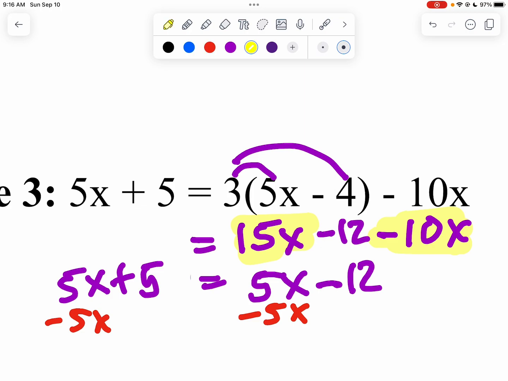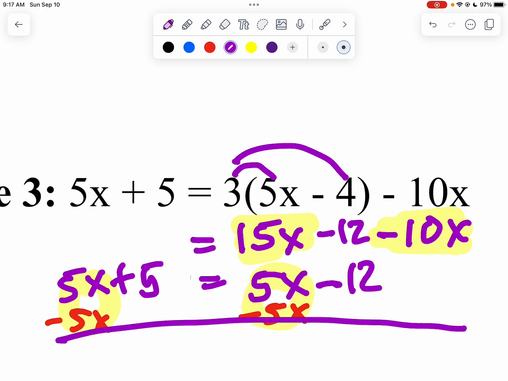And on both the left and right side, my x's cancel. So now I bring down the 5 equals negative 12. Notice 5 does not equal negative 12.